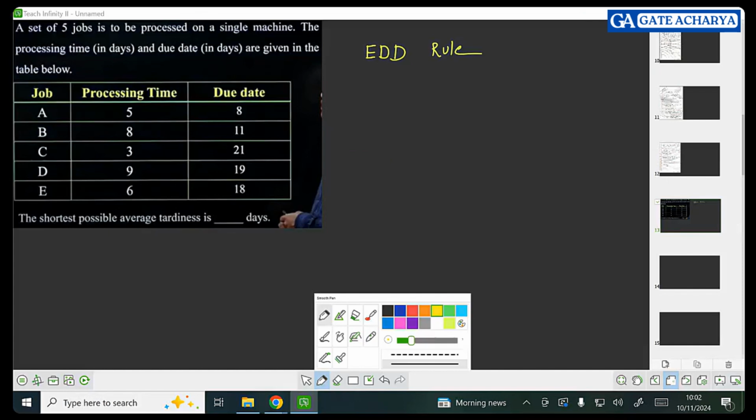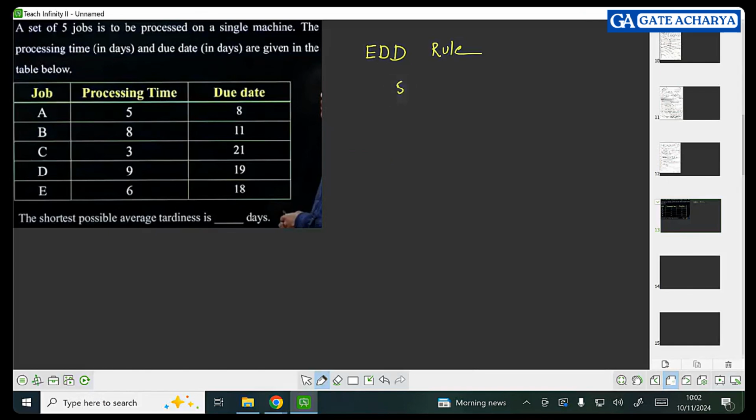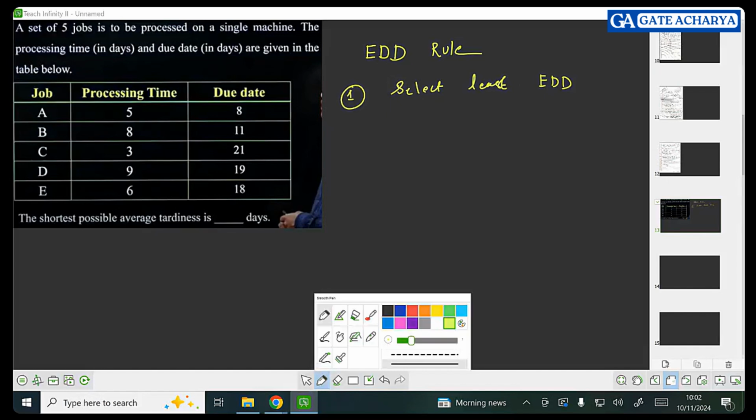So based on the early due date, you need to find the sequence. Which one has the shortest earliest date? The earliest due date rule means select the least due date first. Now how can I write my sequence?